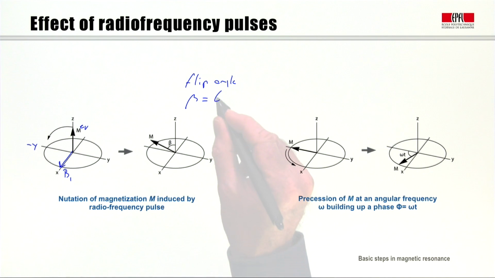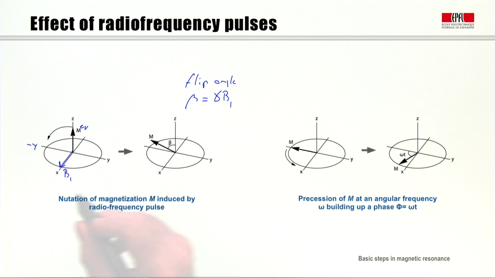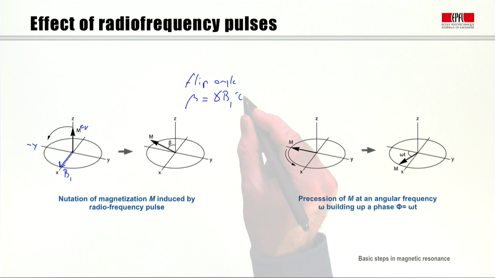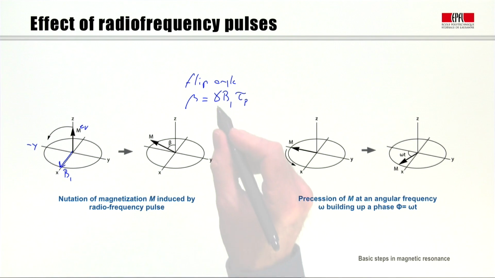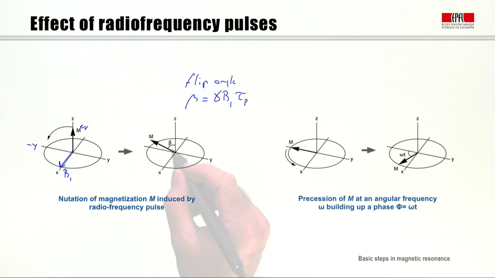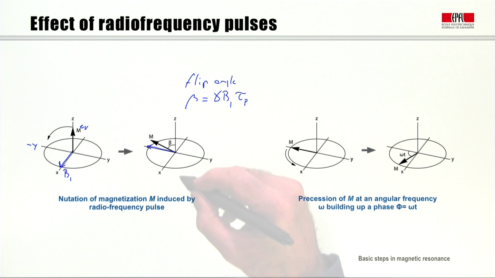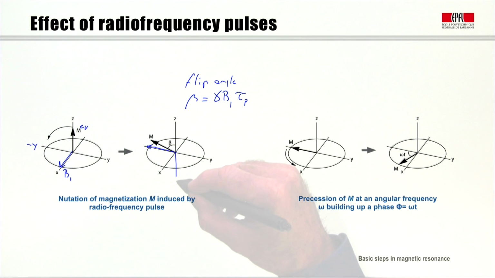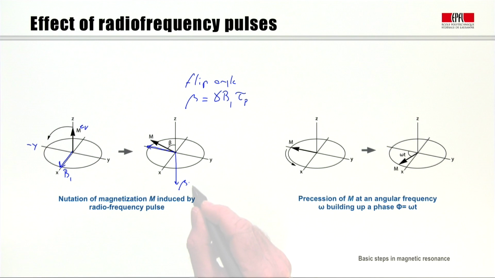This flip angle is simply proportional to B1, that's the strength of the field, and the duration of the pulse, multiplied by the gyromagnetic ratio of the nuclei of interest. So beta can be chosen to be 90 degrees, in which case we end up exactly here, but we can also have a 180 degree pulse, so this is for beta equal 180 degrees.